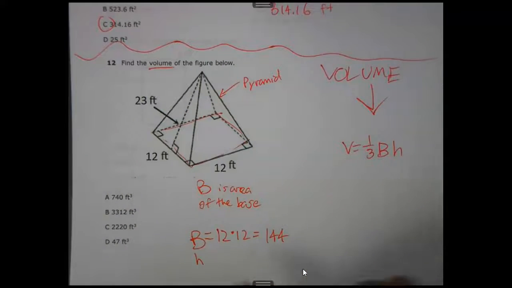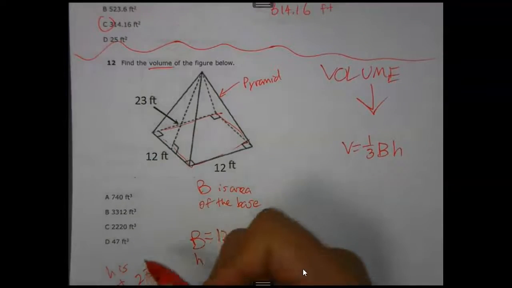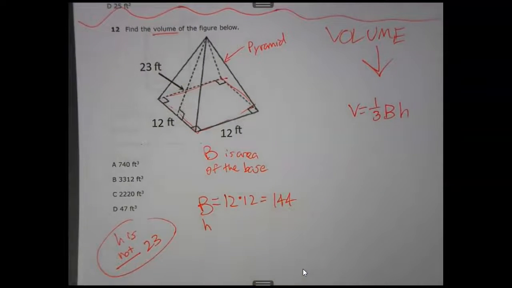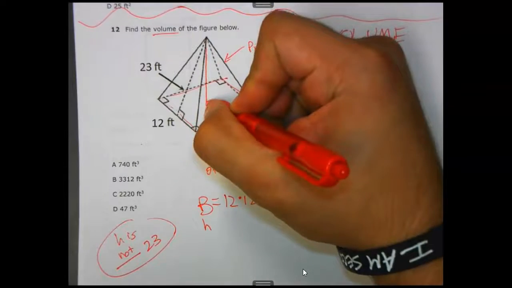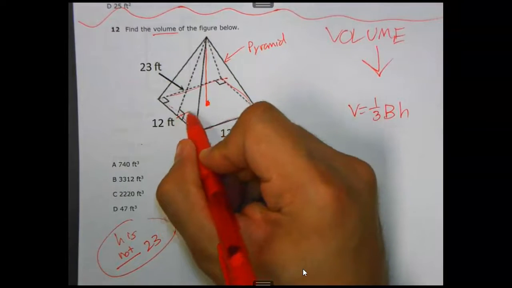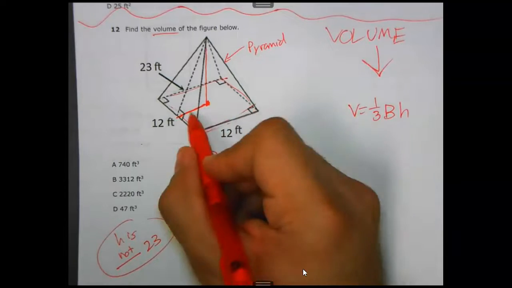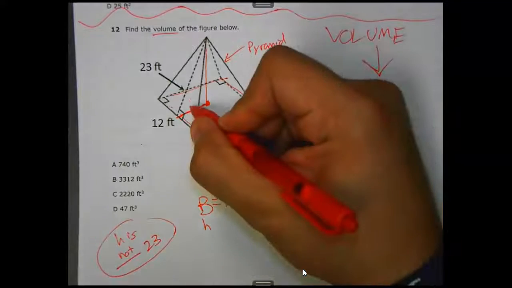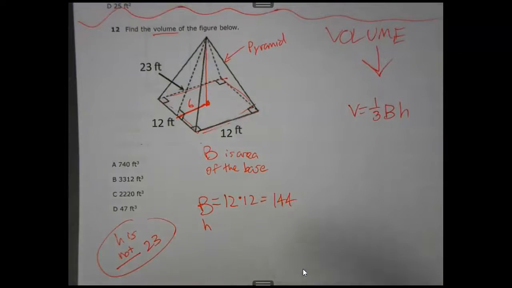H is not 23. So what do I have to do? If you go straight down, put a point right there in the middle, and you tell me halfway across, if all the way across is 12, isn't halfway across half of 12, which is 6? You're going to have to use the Pythagorean theorem.